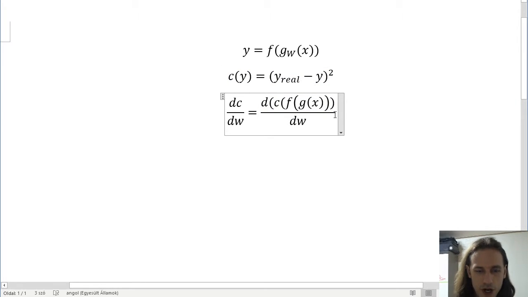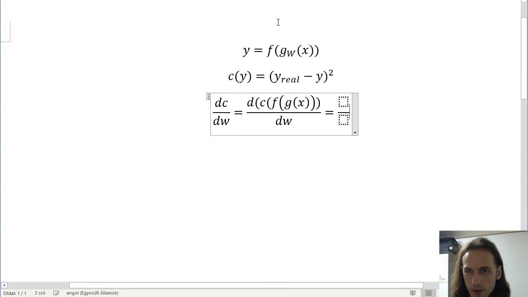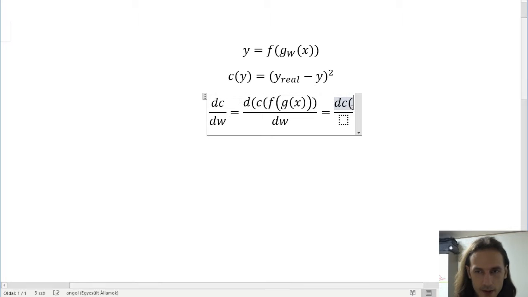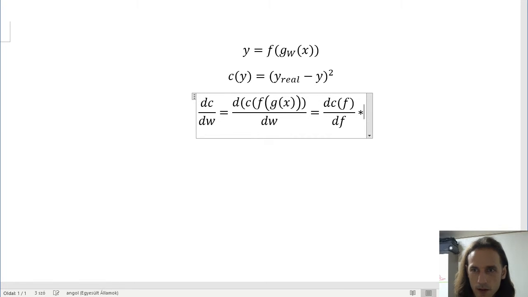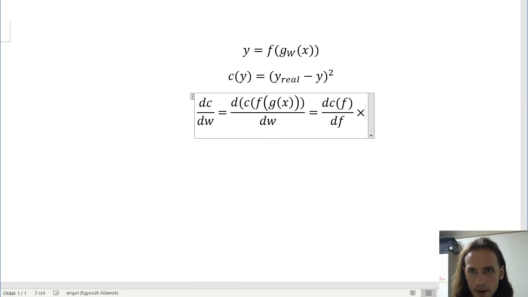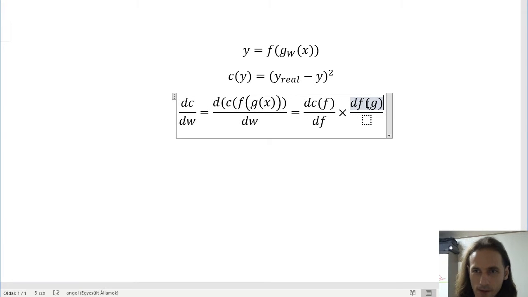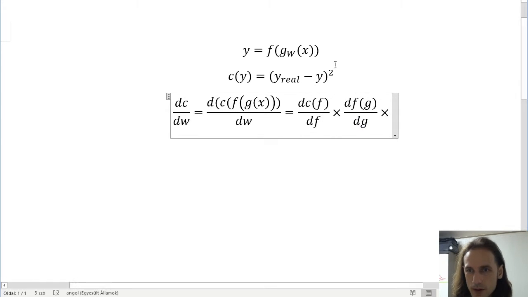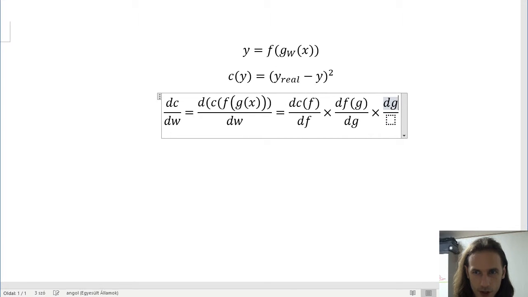Okay, so we have the chain rule for this, which means I can calculate dc over dW by calculating the derivative of c by the f function, dc/df, times df/dg, times dg/dW, and we have g_W here actually.